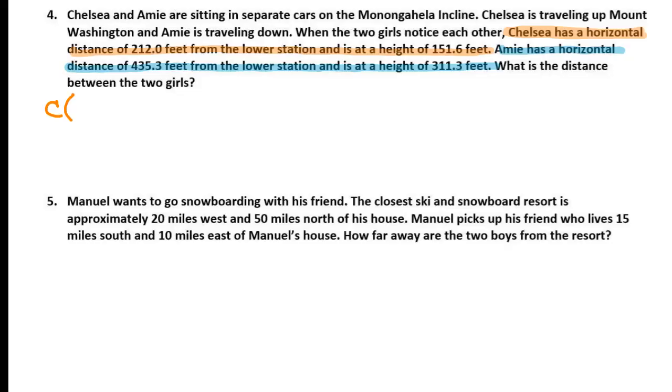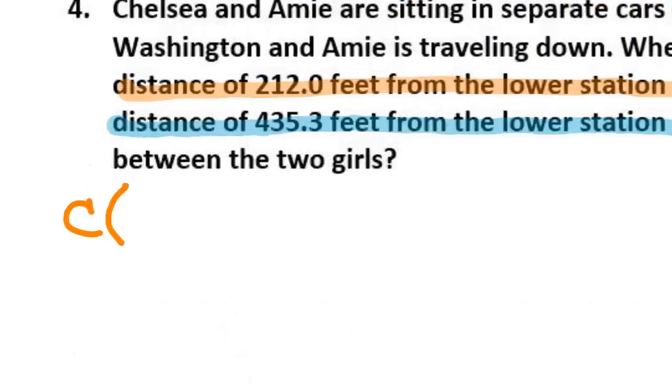Does the X part tell us about left and right, or does the X part tell us about up and down? Left and right. So when I'm looking at Chelsea and trying to figure out what her x is, would the left and right, the x, be the horizontal or the height? Horizontal. So the x part for Chelsea is going to be 212.0.